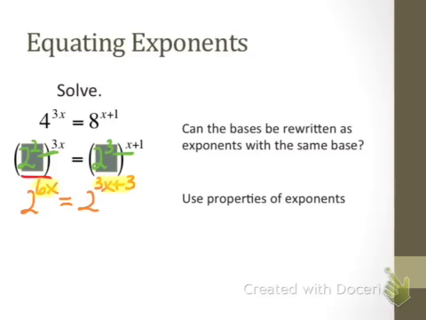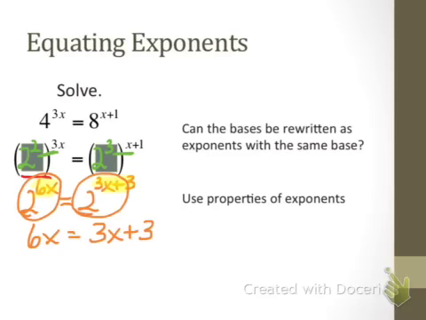So I can now simply write that 6x must be equal to 3x plus 3 in order to get this entire side to equal this entire side. So now it's just a matter of solving a linear equation. I subtract the 3x from both sides, so I end up with 3x equal to 3, and then divide both sides by 3 to get x equal to 1.